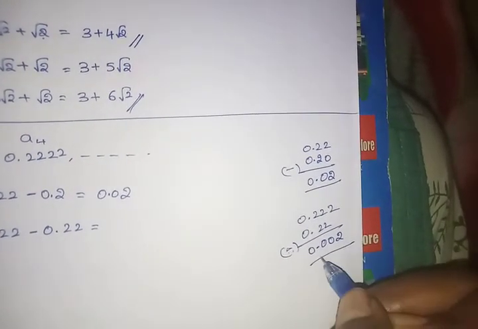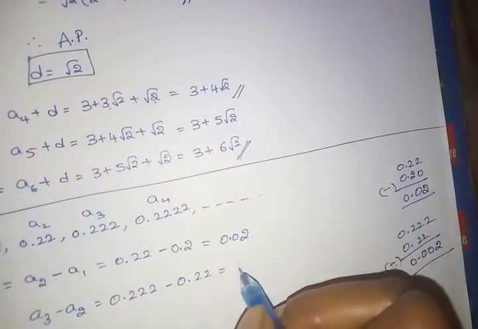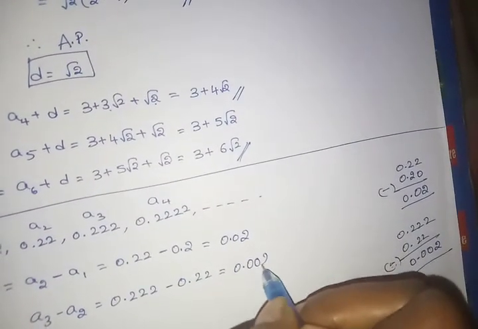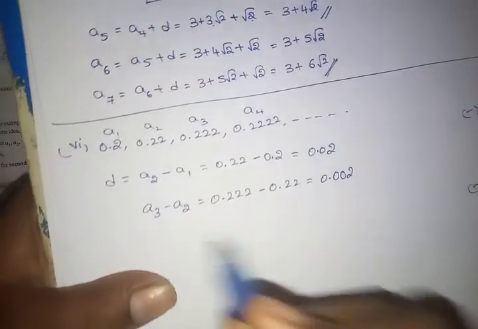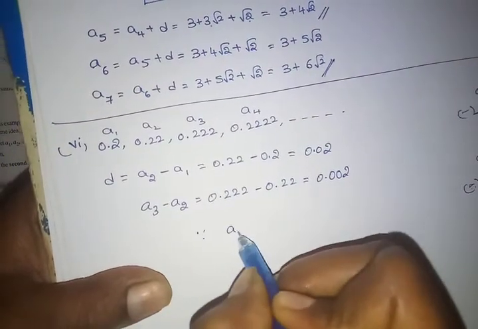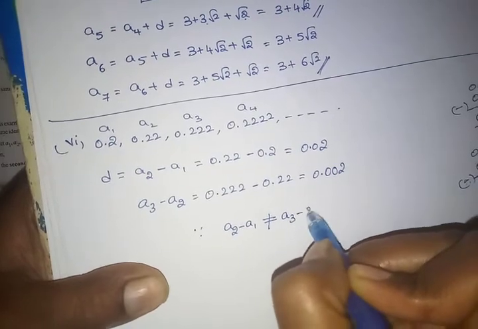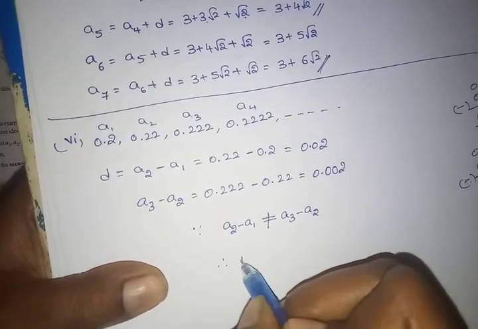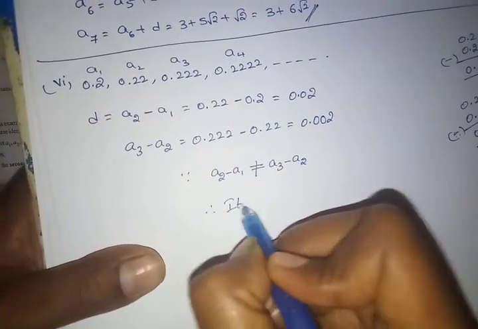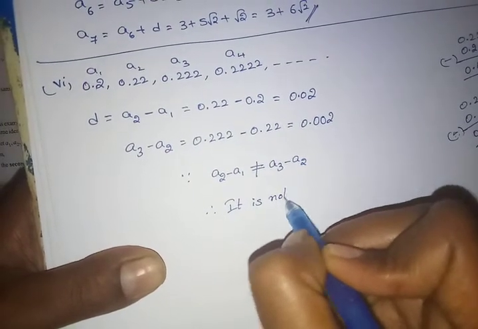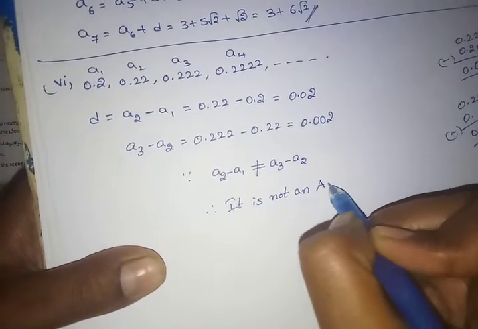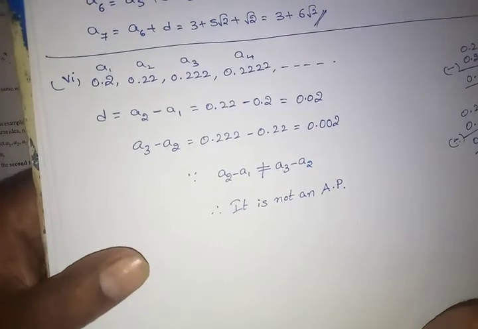How much you are getting? 0.002. Are both equal? Since A2 minus A1 is not equal to A3 minus A2, therefore what we can say? It is not an AP, arithmetic progression.